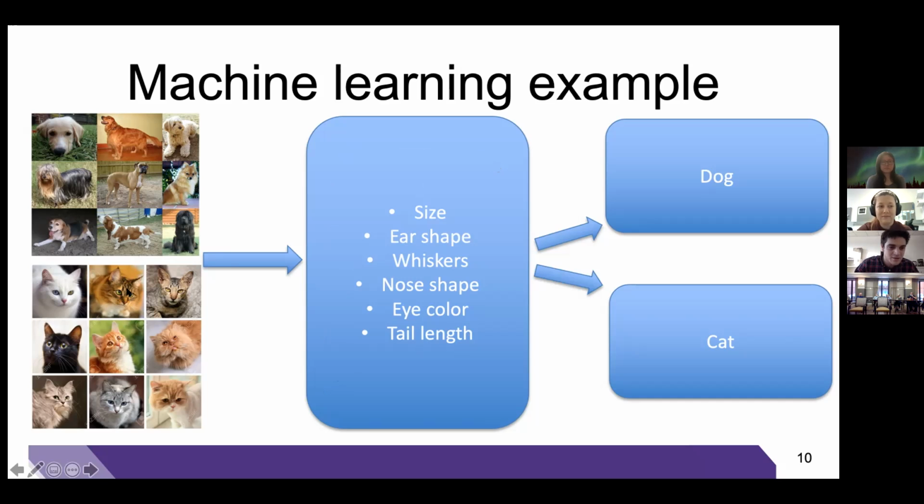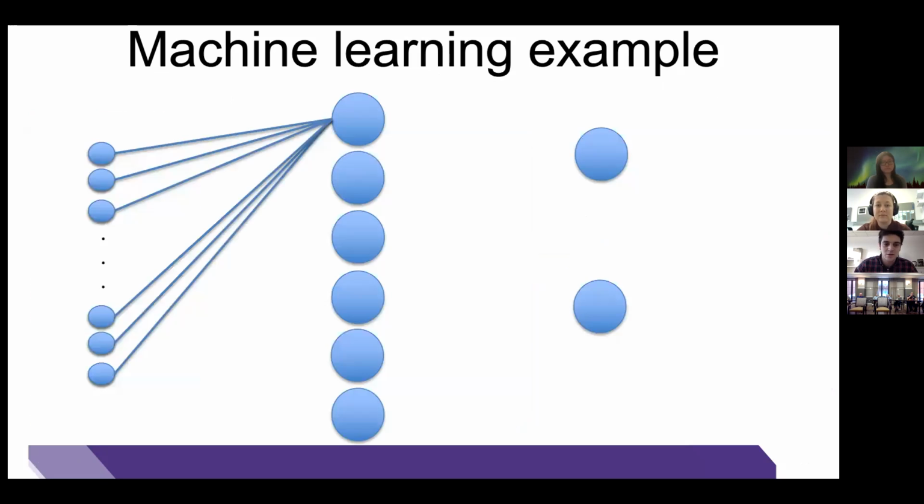Cats have pointy ears, dogs' ears are more droopy. I'm going to ask it whether or not it has whiskers, and my algorithm is going to weight all of these variables in a way so that when I give it a new picture, it's going to be able to figure out whether I've got a dog or a cat.